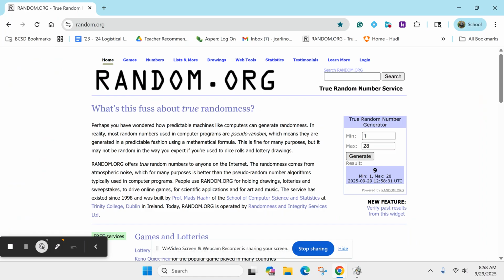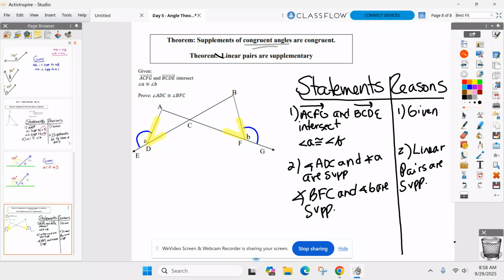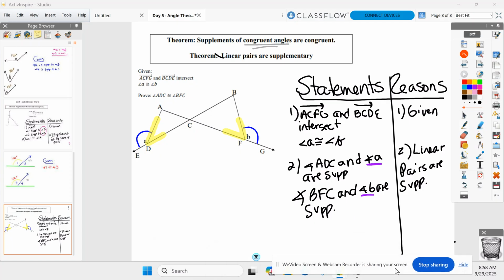One more time here before we finish this off. Adriana, here's my question to you. What did we know about angle A? Angle B. Angle A and B were? So anything supplementary to it has to be congruent as well. All right, so step 3.